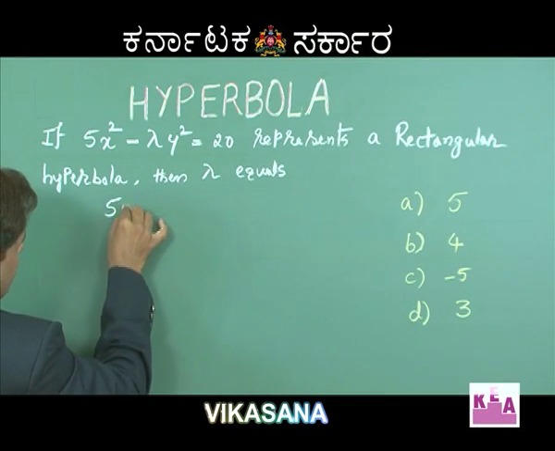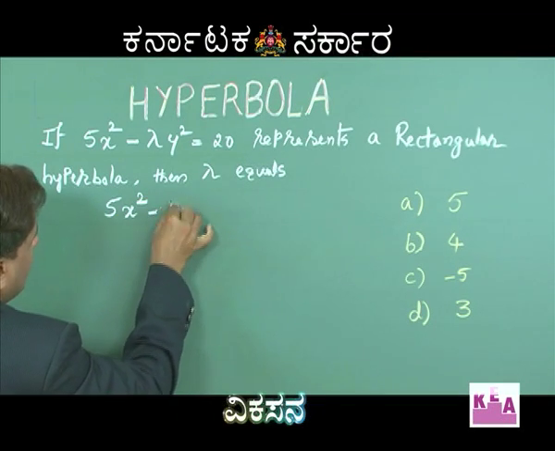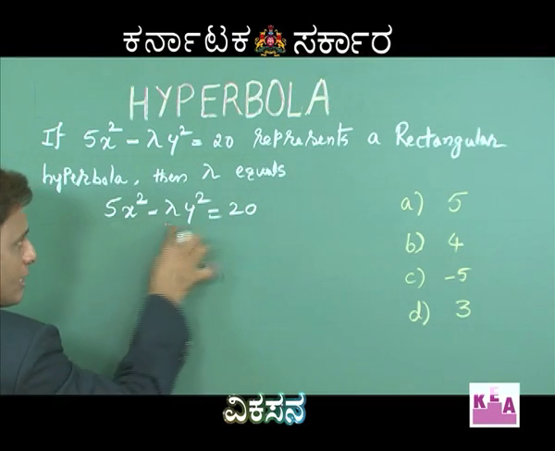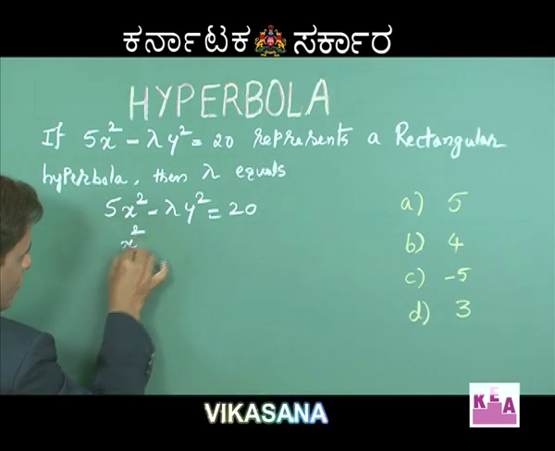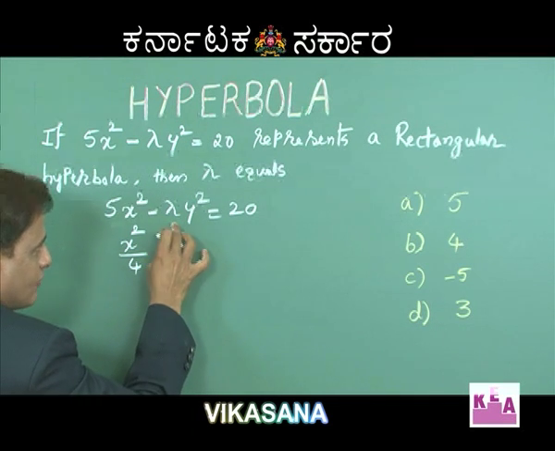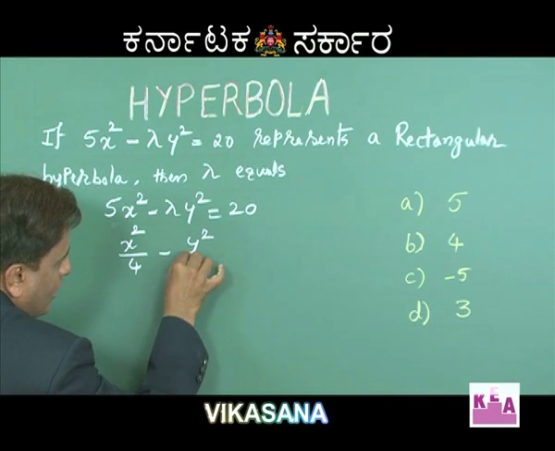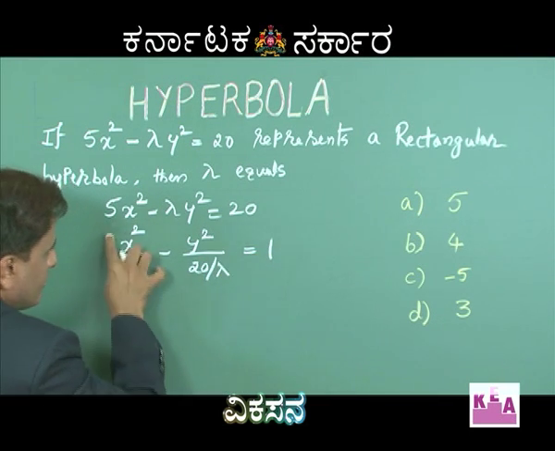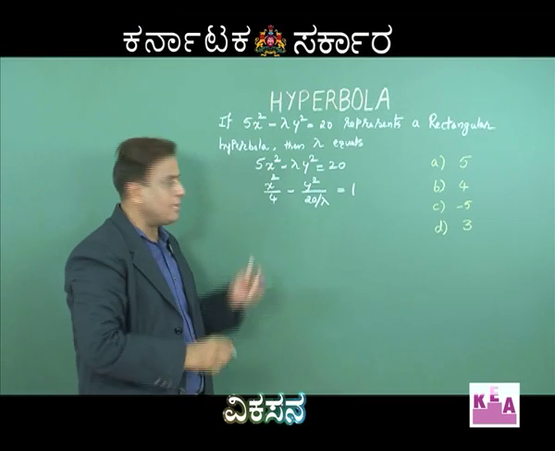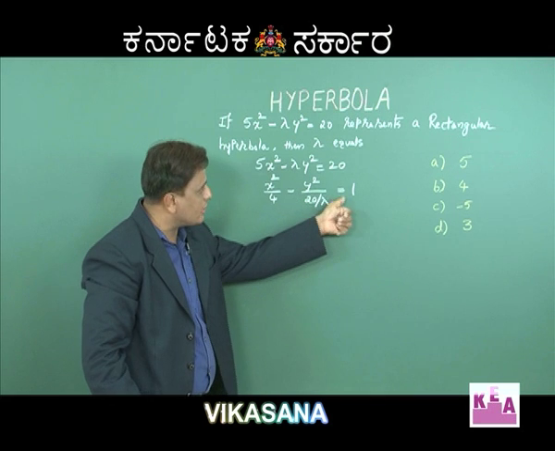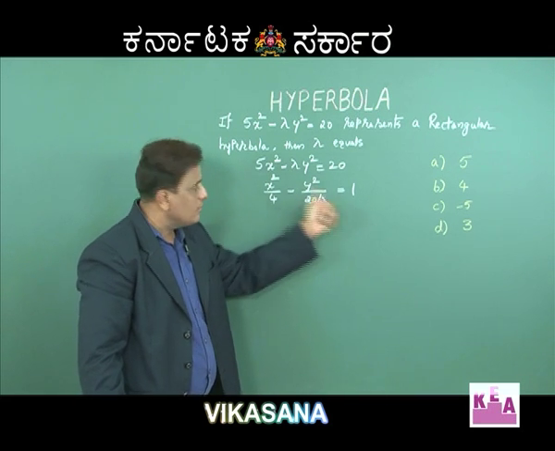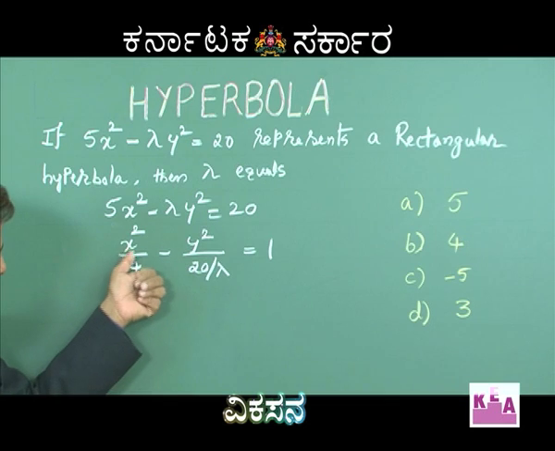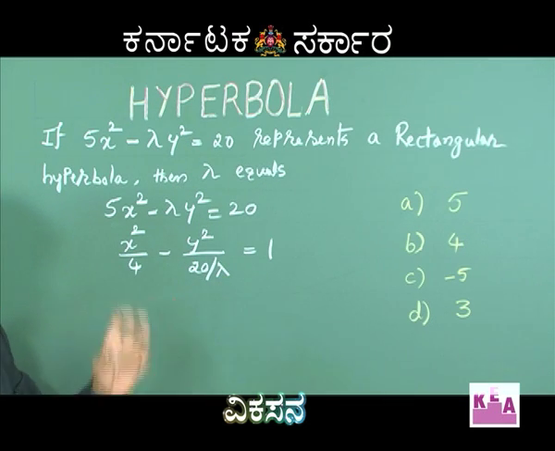Consider this equation 5x square minus lambda y square is equal to 20. Dividing each term by 20, x square by 4 minus y square by 20 by lambda equals 1. Now, this is in the form of x square by a square minus y square by b square is equal to 1. It is a hyperbola, but according to the given data, it is a rectangular hyperbola. In the rectangular hyperbola, a square and b square must be equal.